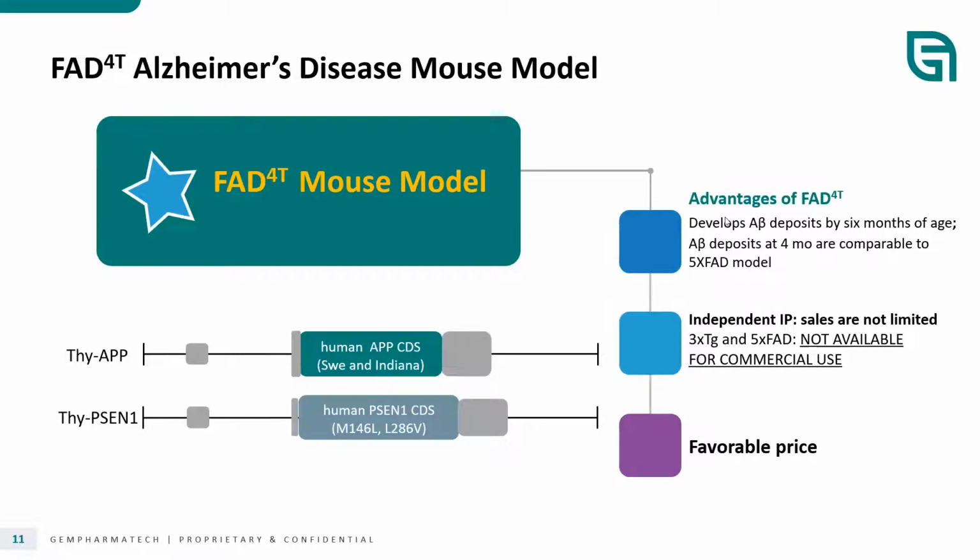We can breed up the animal model and send animals to them. We can also internally conduct studies at our facilities in China, as well as partners here in North America. And there's a favorable price to this model too, making it easier for not only academics, but industry groups as well to use and explore this model in their research.